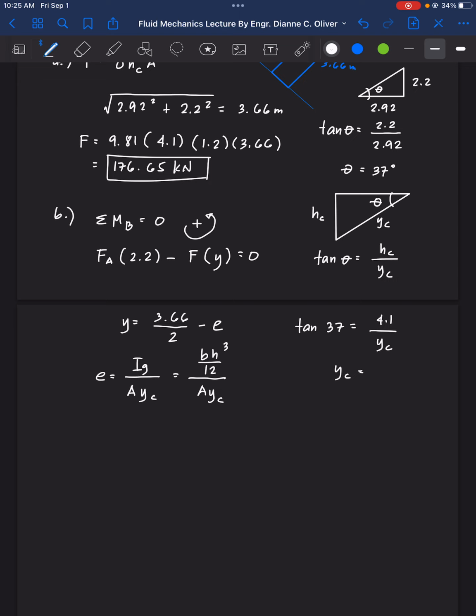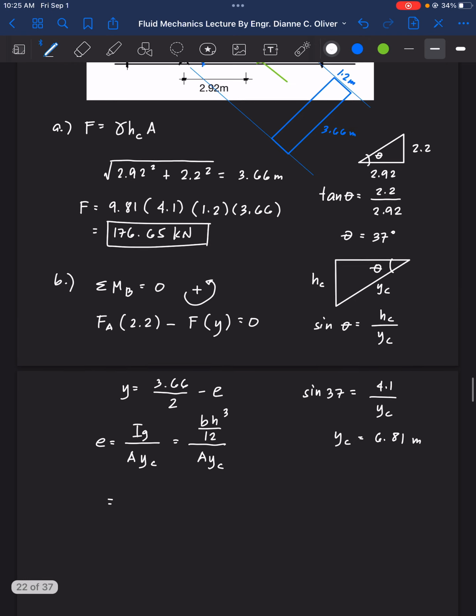Oh, it's not tangent, I'm sorry. It should be sine. So YC is 4.1 divided by sine 37, so YC is 6.81 meters.